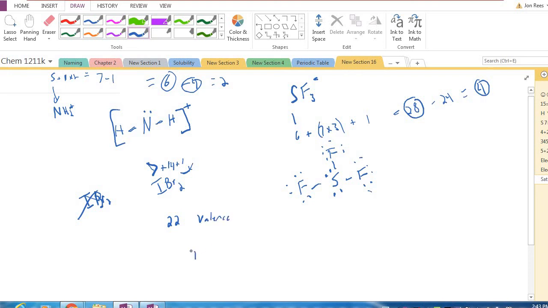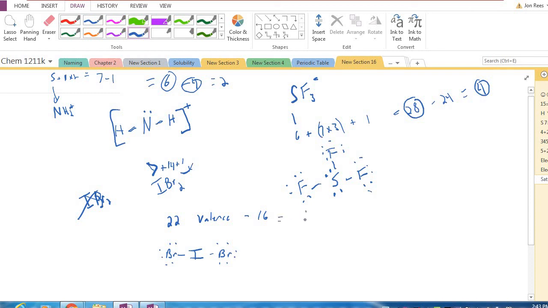Let's draw our structure. We have I, Br, Br. Let's complete those octets. Now let's count up how many we have here. I have 8 and 8, so that's a total of 16 valence electrons drawn into my structure so far.